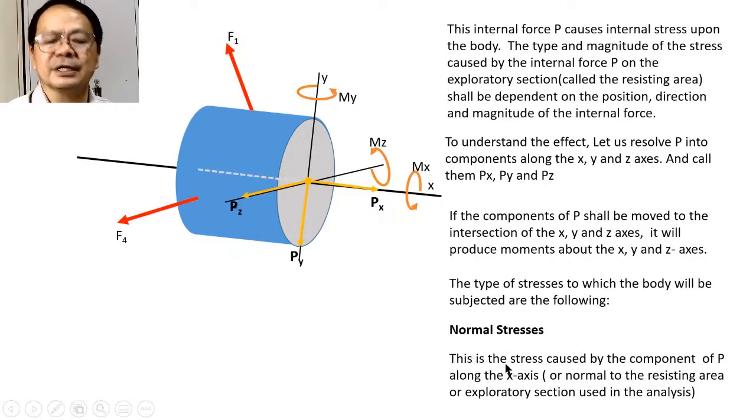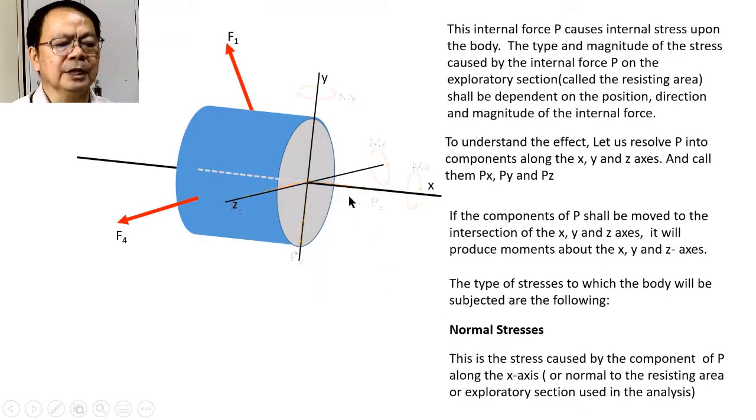This is the stress caused by the component of P along the x-axis or normal to the resisting area or exploratory section that is used in the analysis. Kaya kung makikita natin ito, yung P. If this P is normal or perpendicular to this area, then the stress that will be caused by this P shall be called as the normal stress.